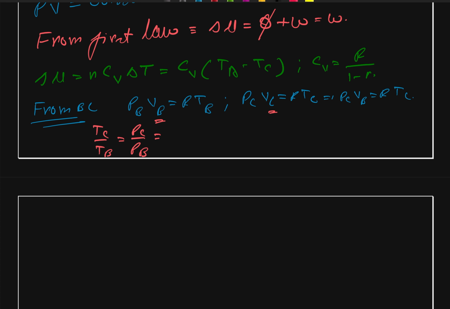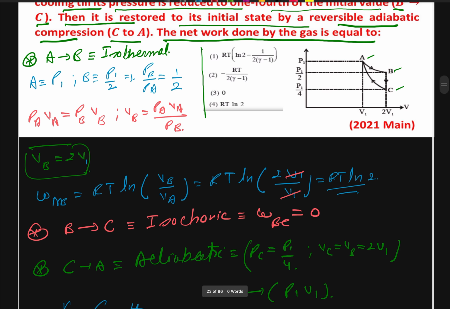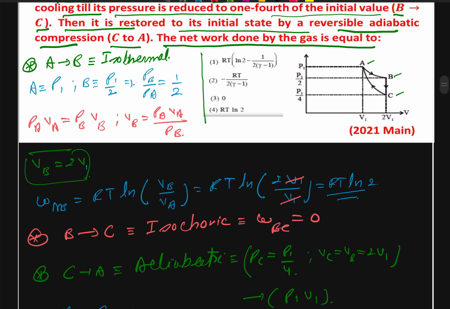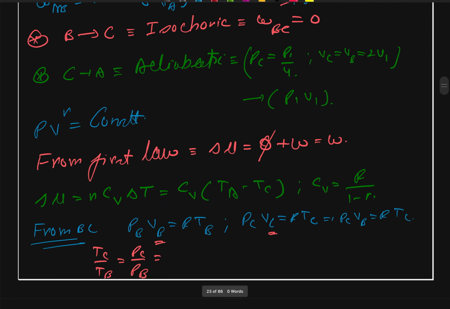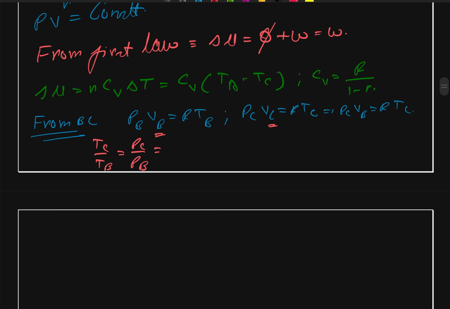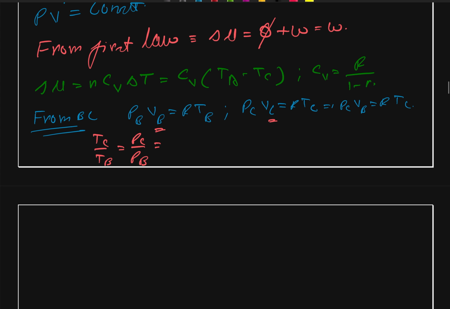We know that PC is P1 by 4 and PB is P1 by 2. So we have P1 by 4 over P1 by 2, which comes as 1 by 2.